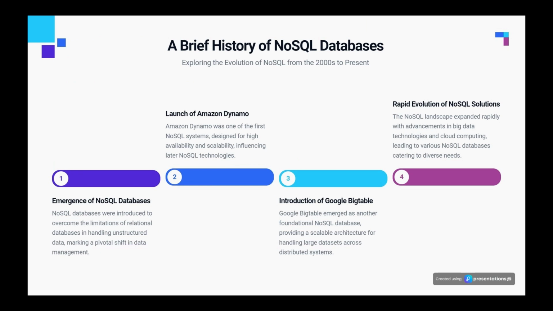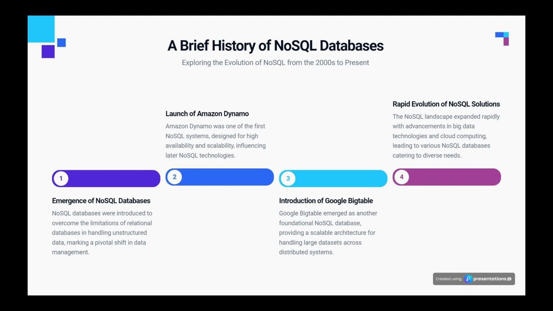Then we will see a little history of NoSQL database from the 2000s to the present time. NoSQL database was introduced to overcome the limitations of relational database in handling unstructured data, and it made a pivotal shift in data management. Then Amazon Dynamo was one of the first NoSQL systems designed for high availability and scalability, influencing later NoSQL technologies.